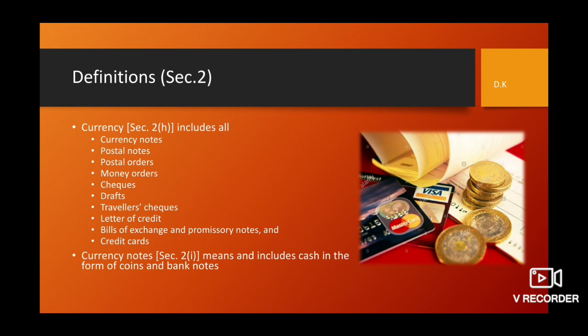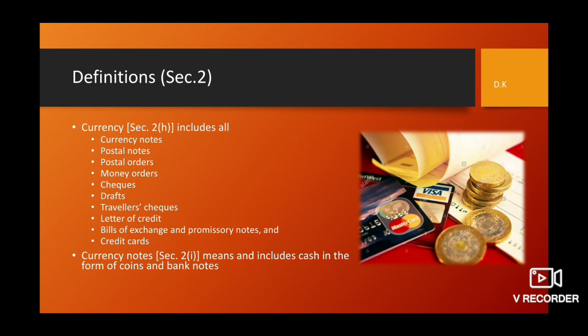While knowing the currency, we need to know about the currency notes also. Generally, currency notes are the notes we see today for daily transactions. But according to the Act, it includes not only cash, it includes cash in the form of coins as well as banknotes.